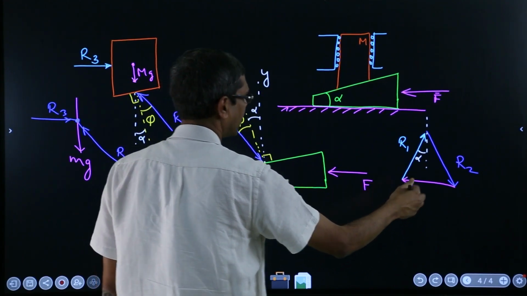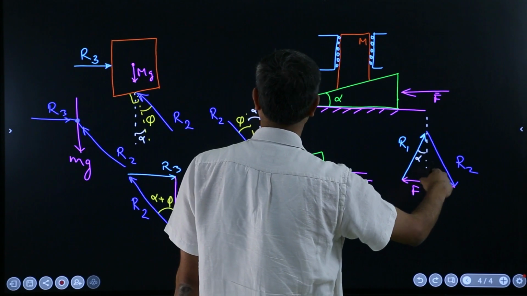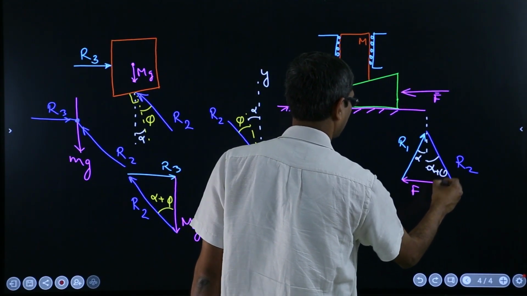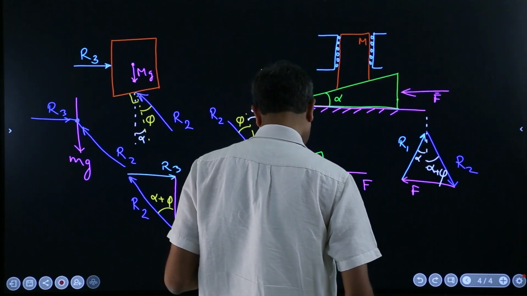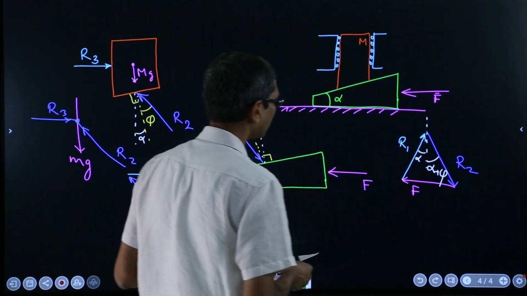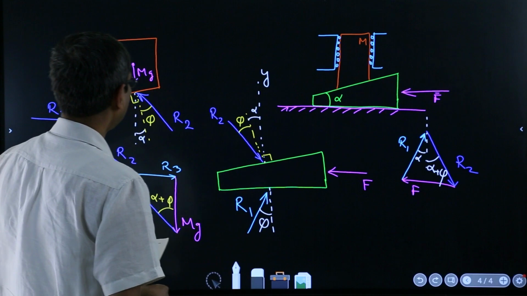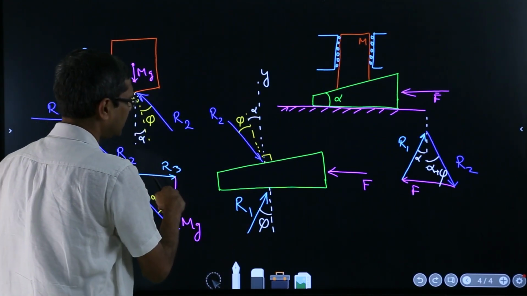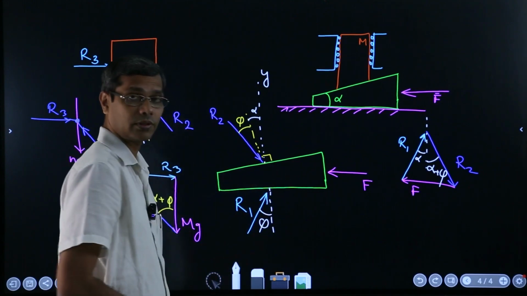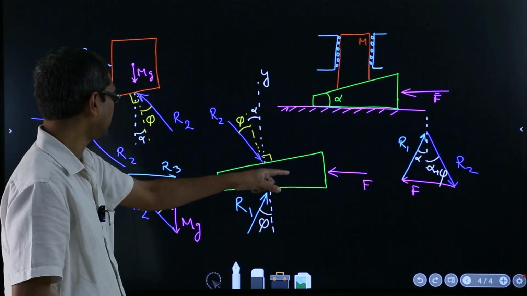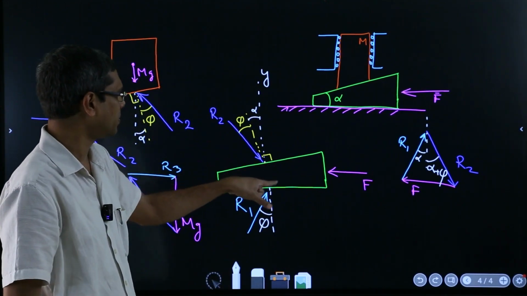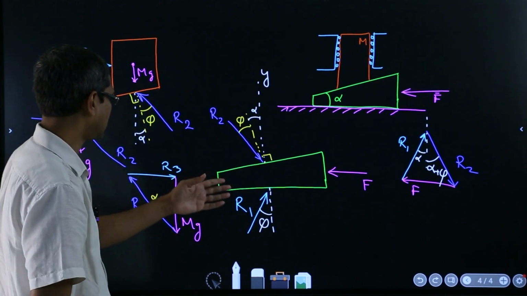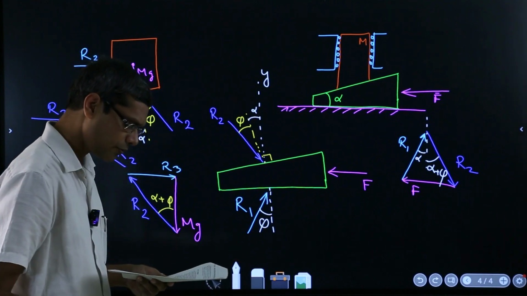That means this angle of R2 with the vertical is alpha plus phi. Is it so? Yeah. Is that fine? So these are the things, and then again similarly here, if we draw these three forces tip to tip, they all will have to pass through the same point, because it's a three force member which is in equilibrium.